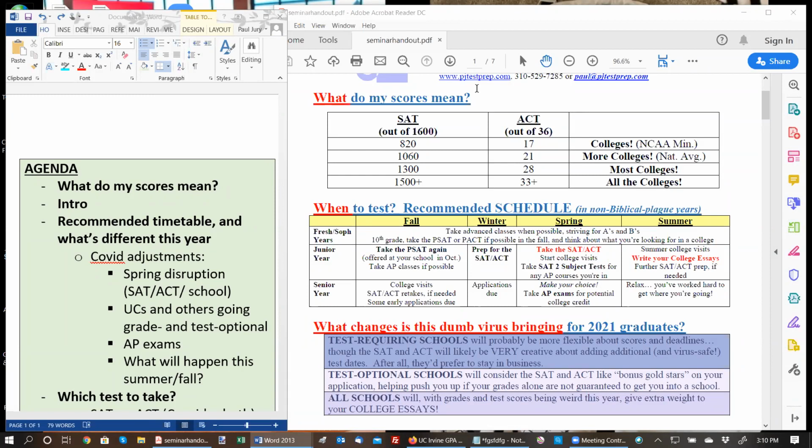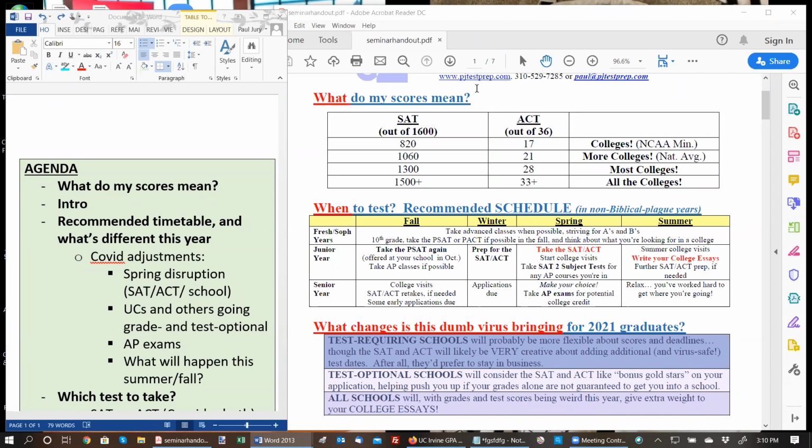I will tell you that I do think the SAT and the ACT are going to try really, really, really hard to find some creative solutions to safely administer tests this late spring and summer, and particularly in the fall. They want to stay in business. If they go 6 whole months without giving SATs or ACTs, one of the other big news is that the UCs and a bunch of other colleges have gone test optional for this year.